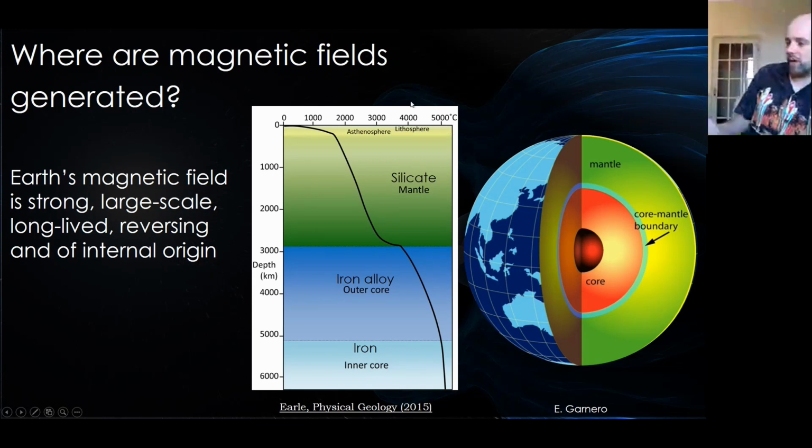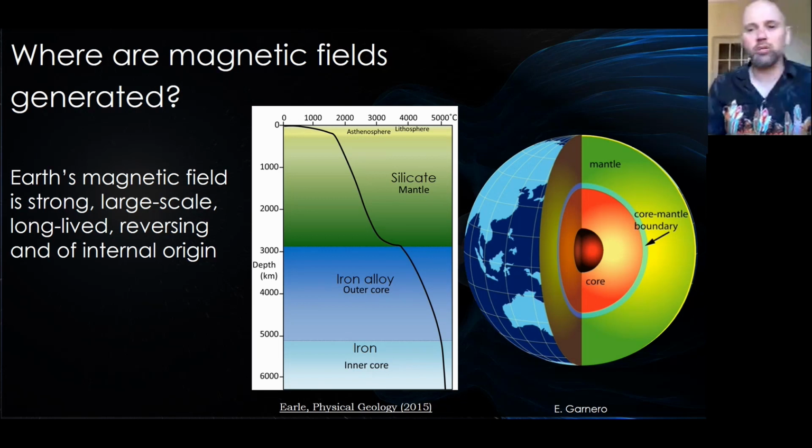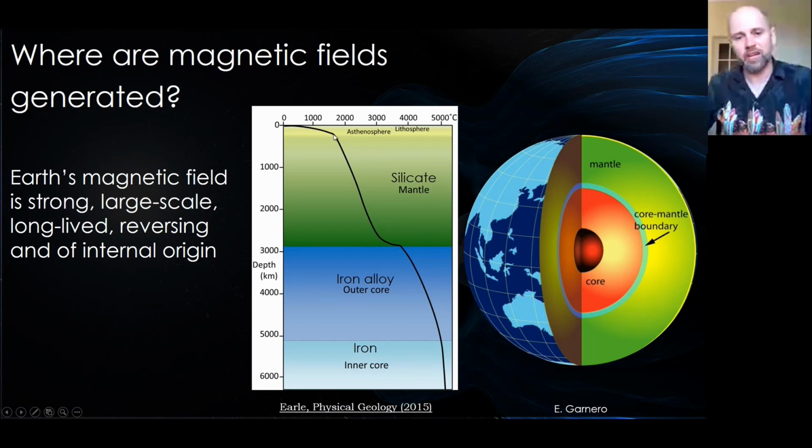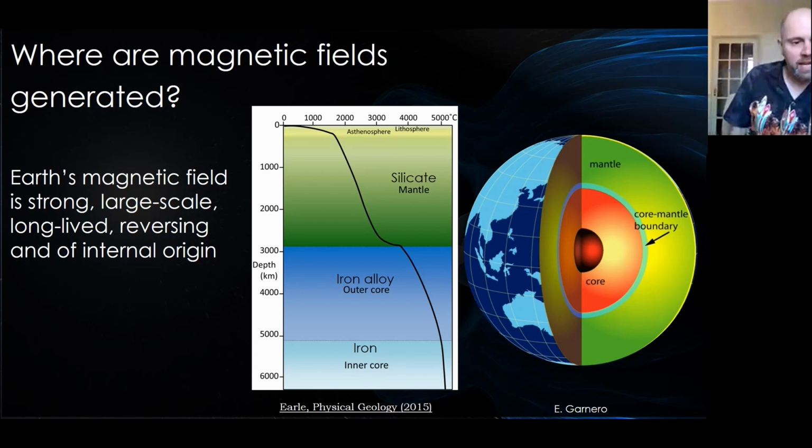Now, the Curie point, above which materials lose their permanent magnetization, is only a few hundred degrees Celsius. So you can see that you don't have to go very far inside the Earth before you are at very high temperatures, over 1,000 degrees Celsius. So there is no hope that permanent magnetization is stored within the Earth.